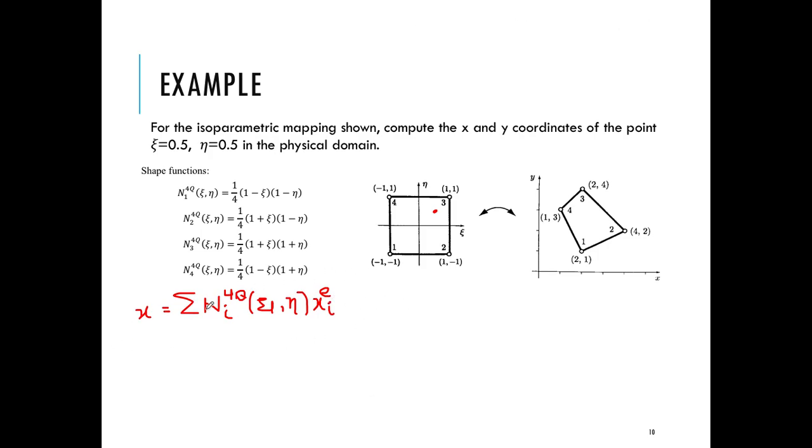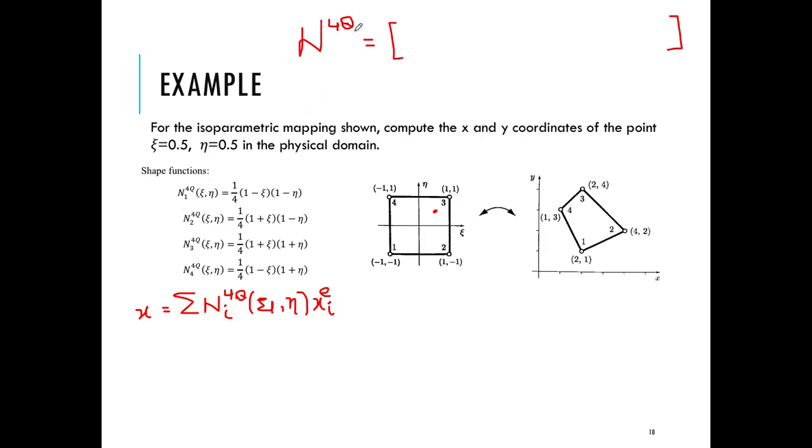This is how we find our physical coordinates. Clearly we need to find each of our shape functions at this given point, so it would be helpful to directly find our N4Q matrix or row vector, which of course contains N1, N2, N3, N4.